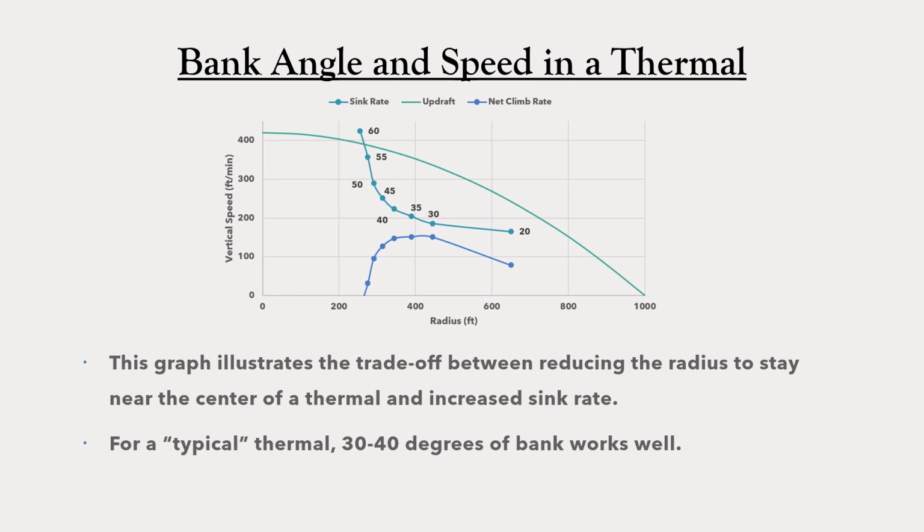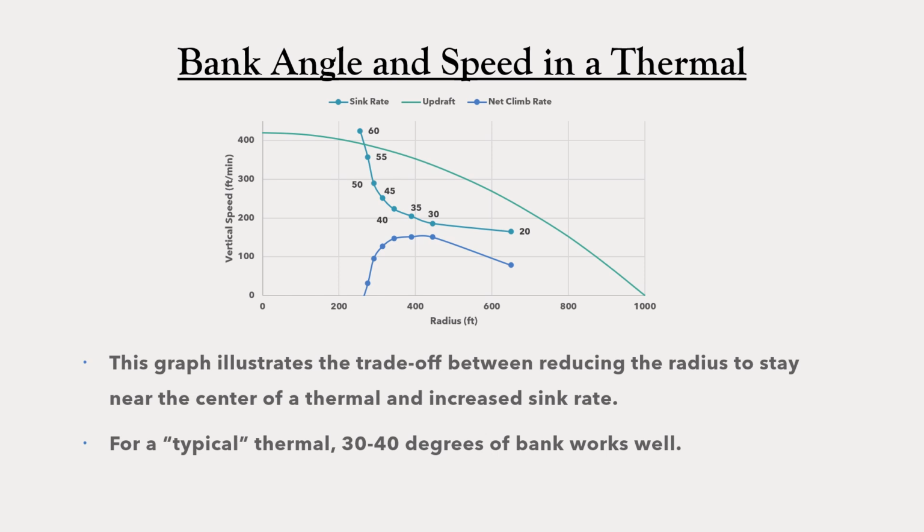This is a 4.2 knot thermal that has a 1,000-foot radius. You won't encounter this exact thermal, but it is sufficiently representative to be useful for the example here.